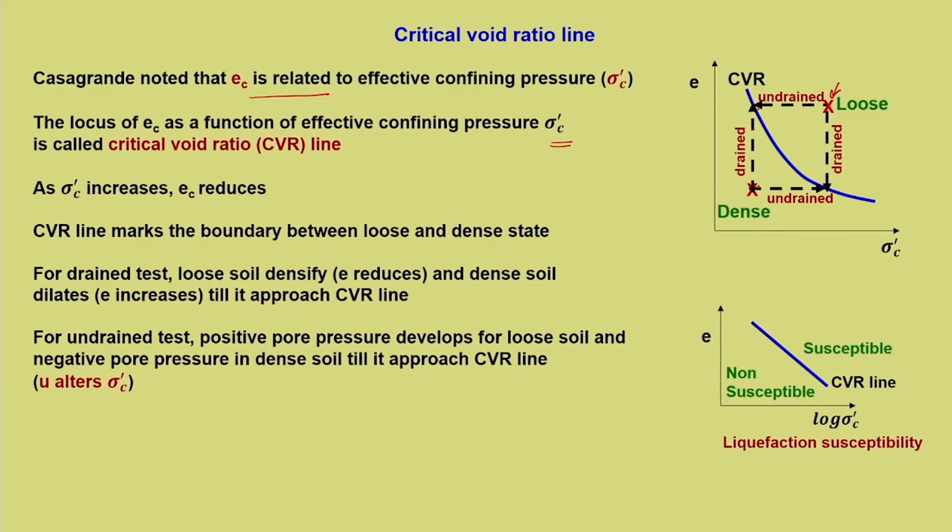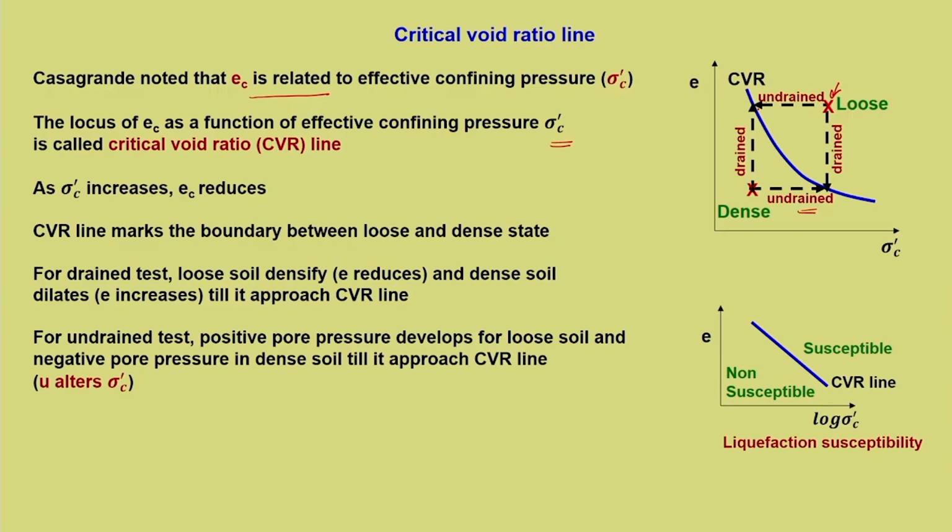Similarly, in the case of dense state, we can see that as shearing happens under undrained condition, there will be negative pore water pressure till it approaches the critical void ratio close to failure. Now, what is happening here in the case of dense material, which has a tendency to dilate, the pore water pressure development will be essentially negative, keeps on reducing.